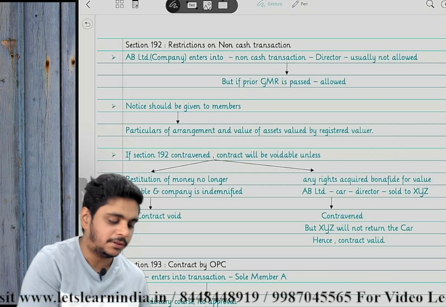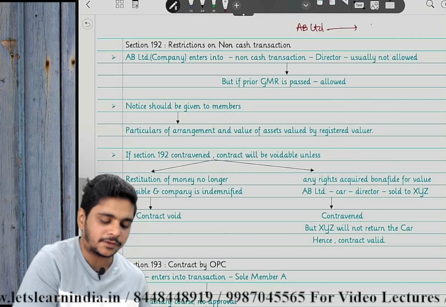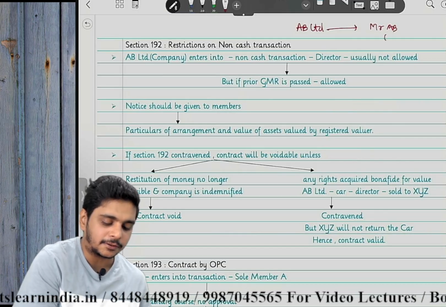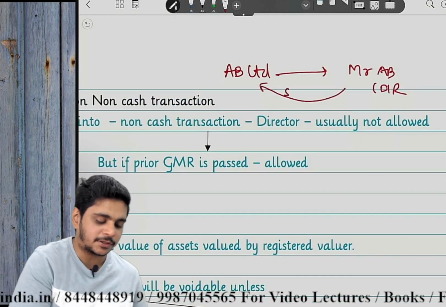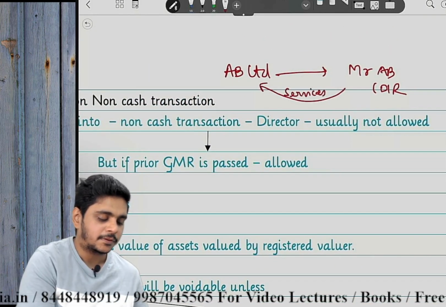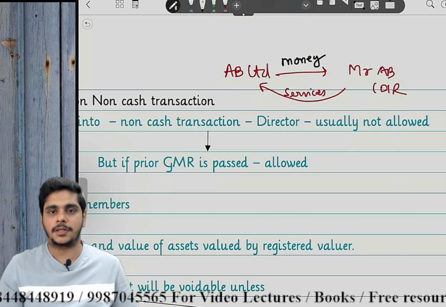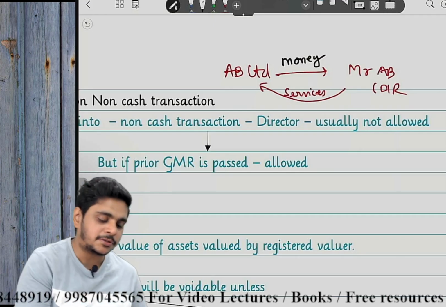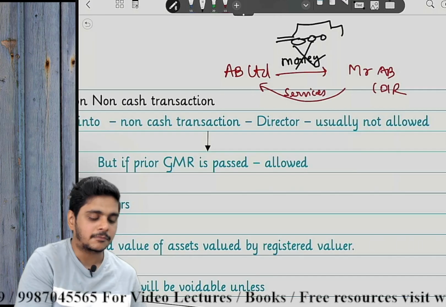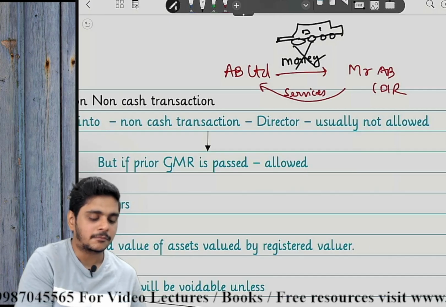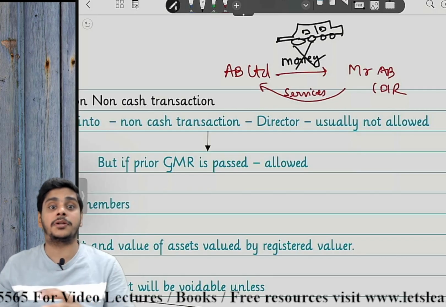For example, if a company, AB Limited, is entering into a transaction with Mr. AB, the director, and the director is giving services to the company, the company will give money. But here the company is not giving money, the company is giving a car. When the company is giving a car, it is called a non-cash transaction.